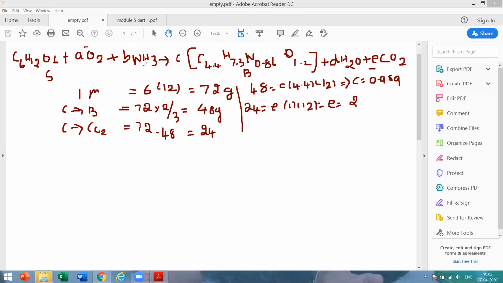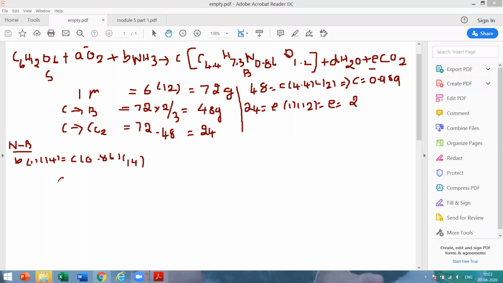First the nitrogen balance. B into 1 into 14 is equivalent to C into 0.86 into 14.